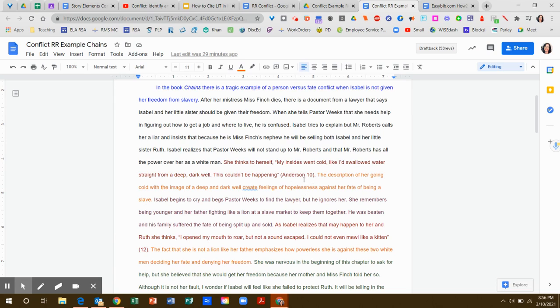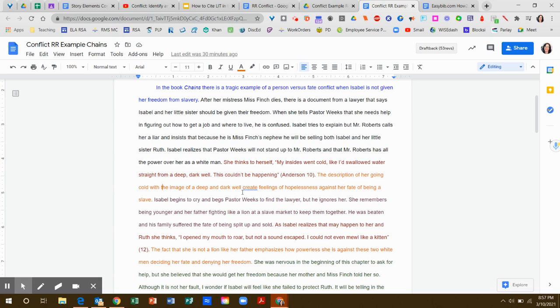I'm trying to purposely use my wording here to tie it to the type of conflict as person versus fate, right? So this description, it's like she's drowning, like it's this cold water in a deep, dark well. It can't be happening. She doesn't believe it. She feels powerless and hopeless, or at least is starting to feel hopeless.